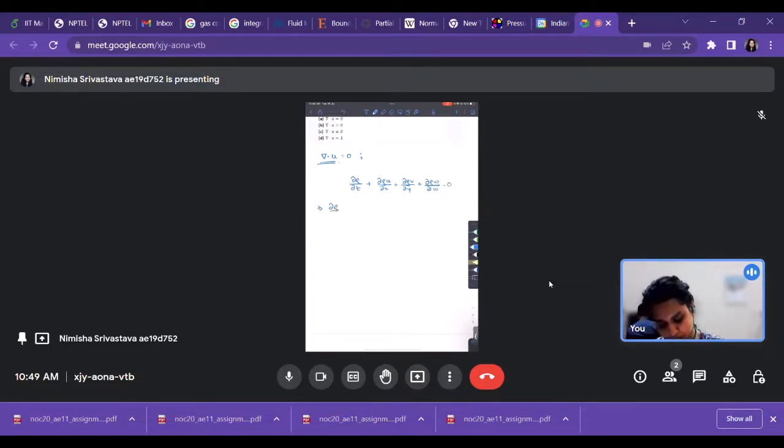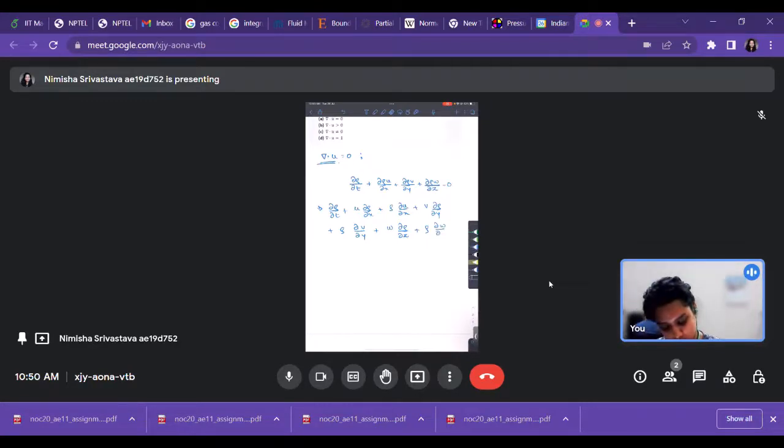So I'm just going to be breaking down this derivative term. So I have over here u dρ/dx plus ρ du/dx, and then I have v dρ/dy and ρ dv/dy, plus the z terms.